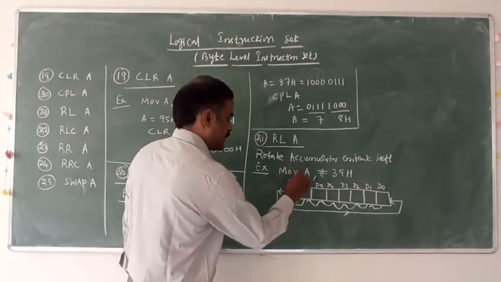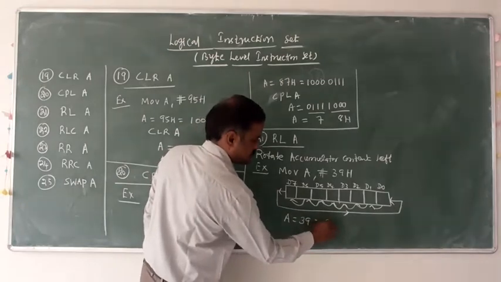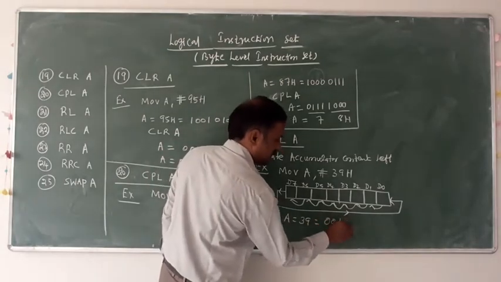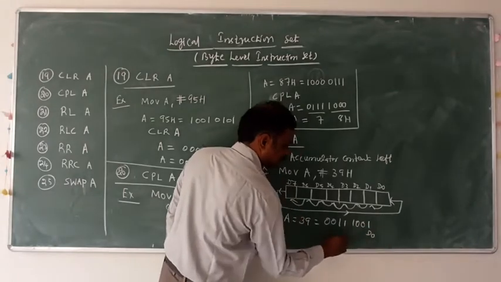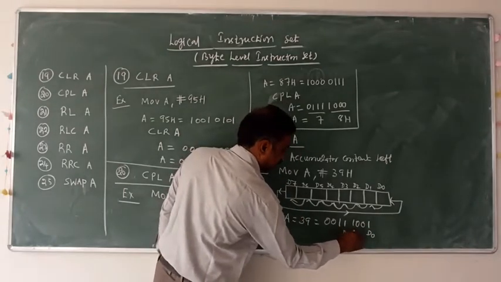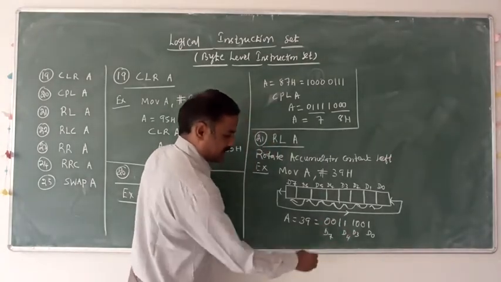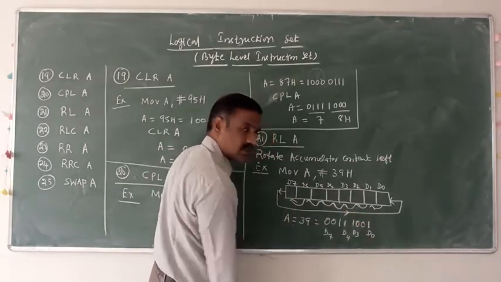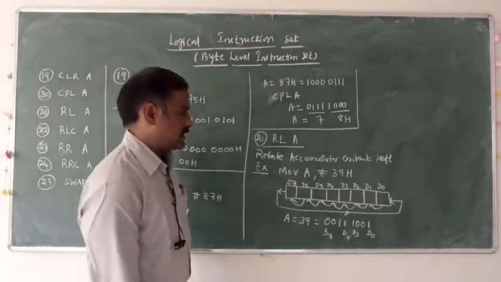Here A register 39 means 0011, 9 means 1001. This is for the D0 position, this is for D3, this is for D4 and this is for D7. Now the D7 bit data moves to D0 and then the D0 bit data moves to the D1 position.